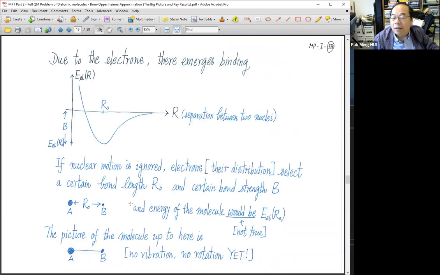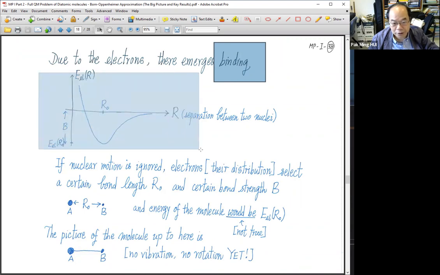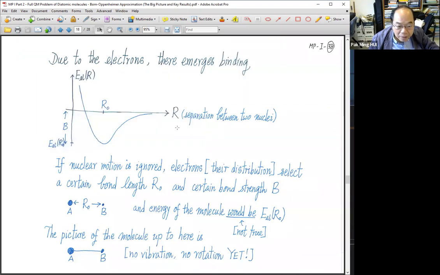So let me summarize the key idea one more time. It is the electrons that give us this binding. So the binding curve emerges, okay?